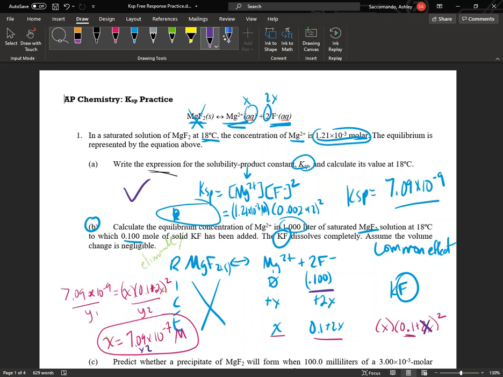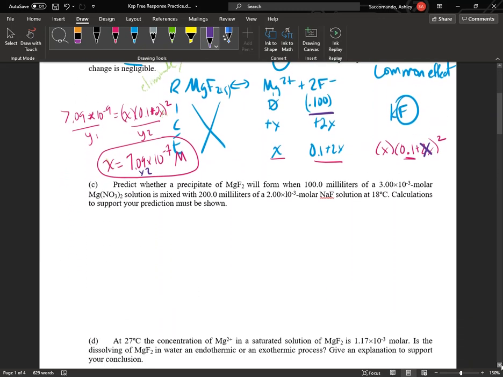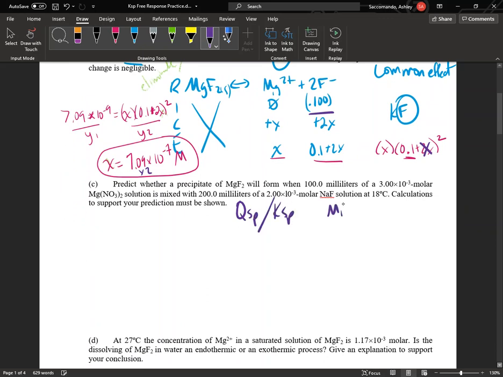The next one is C here. This is a good example on C here because this one is like the QSP, KSP type problem where you need the M1V1 equals M2V2 type deal, right?